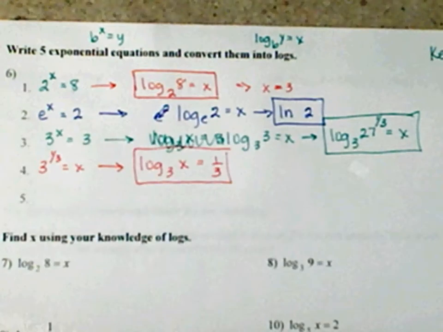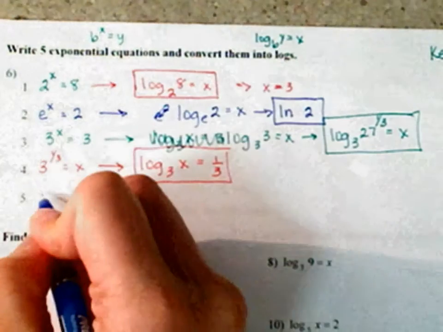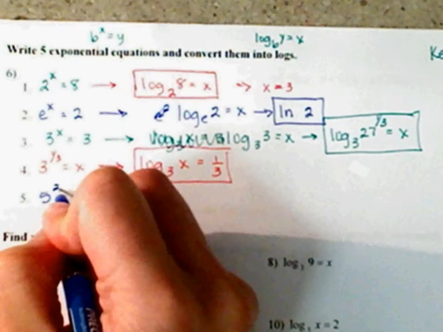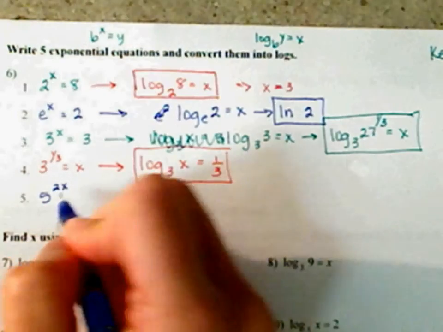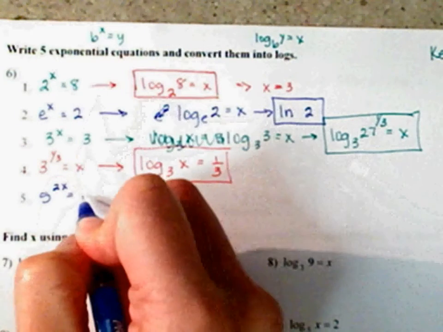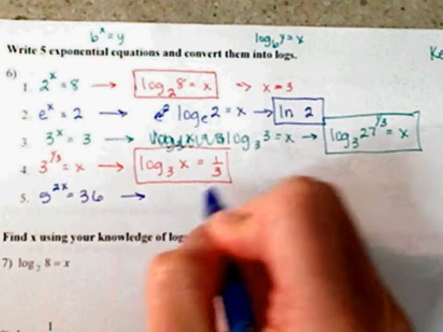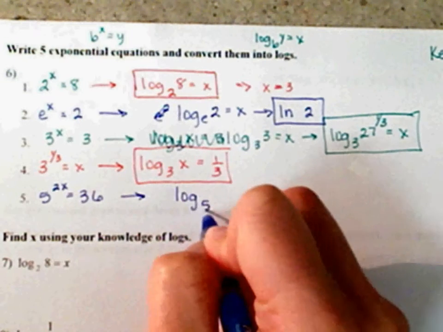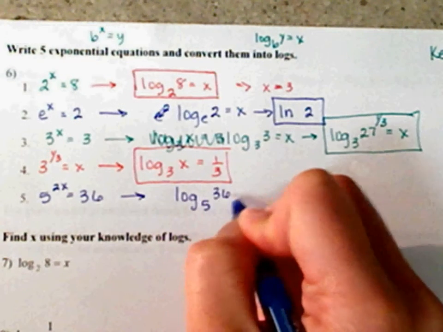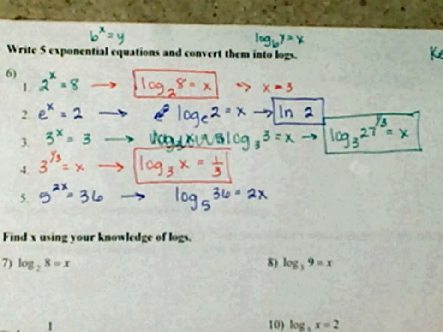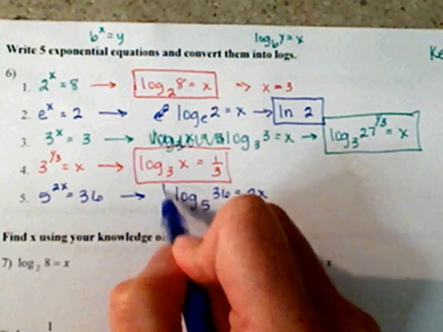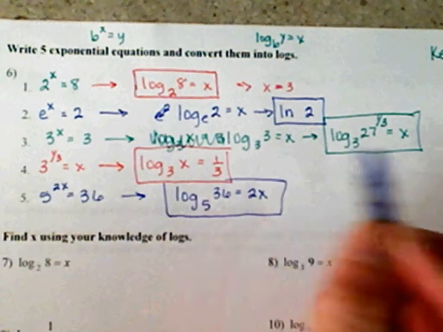Let's write another exponential. How about 5 to the 2x is equal to, oh, I don't know, 36. How would you write that as a log? So you write log base 5 of 36 is equal to 2x. Okay, we're not solving, we're just rewriting it as a logarithm. So there you have it.